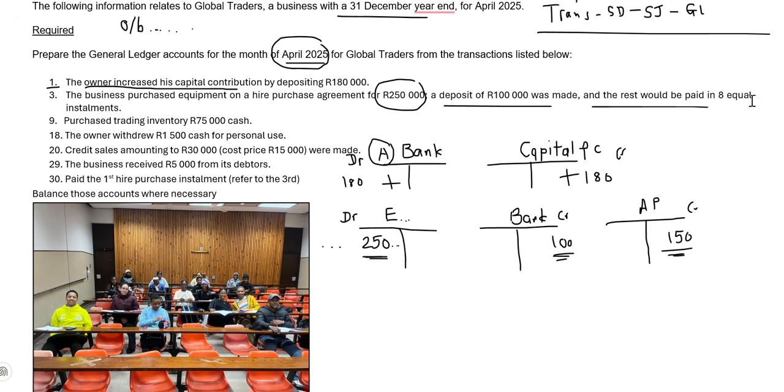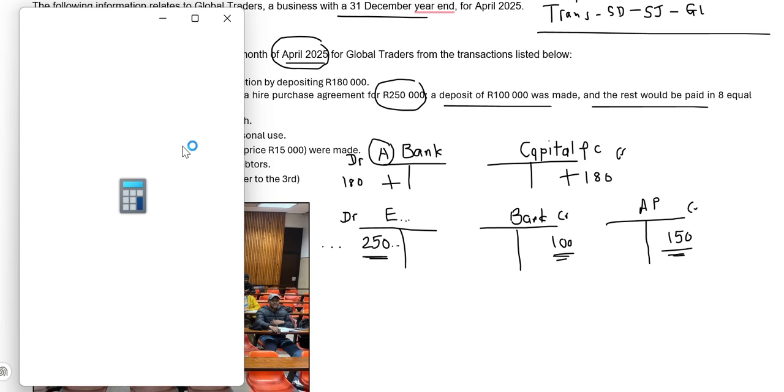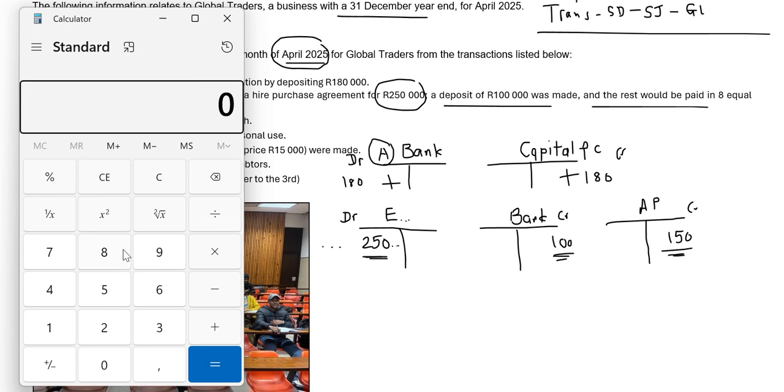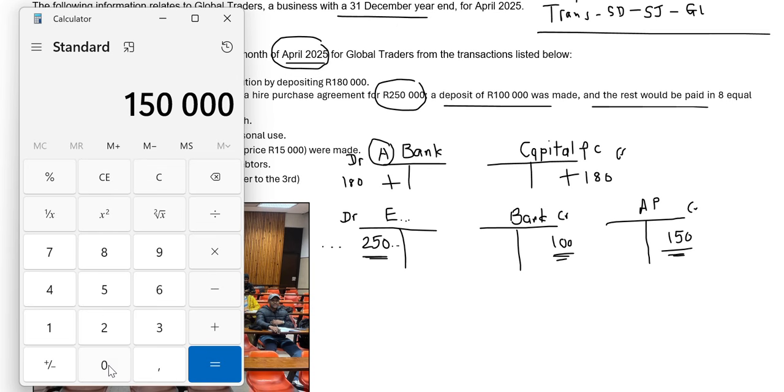And there are going to be 8 installments. Let me show you this quickly on my calculator. 150,000 is still owed on the equipment.